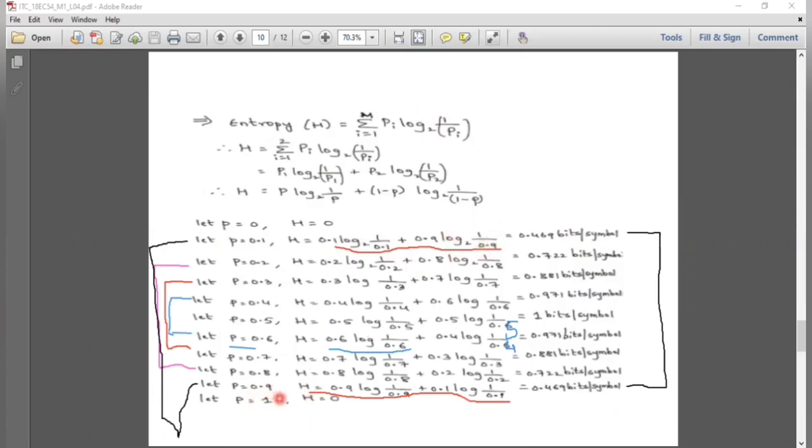When P is 0.9, H is 0.9 log of 1 by 0.9 plus 1 minus P, that is 1 minus 0.9, gives us 0.1 log of 1 by 0.1. So if you observe these two carefully, the expression is similar, only the terms are exchanged. Although the symbol probabilities occur in different order, the value of entropy remains same.